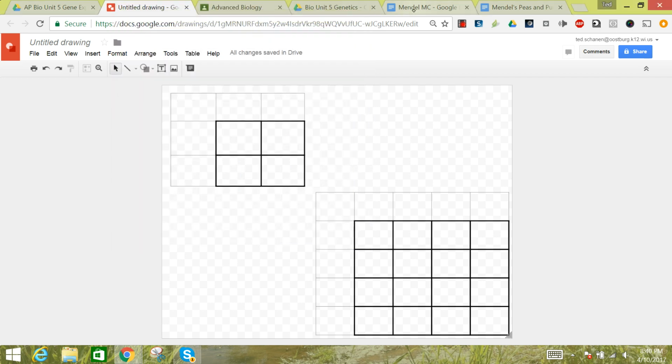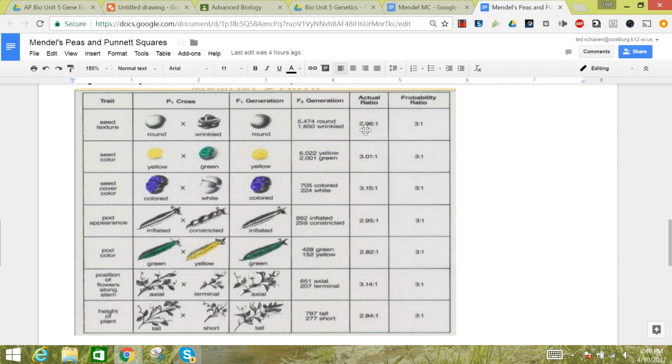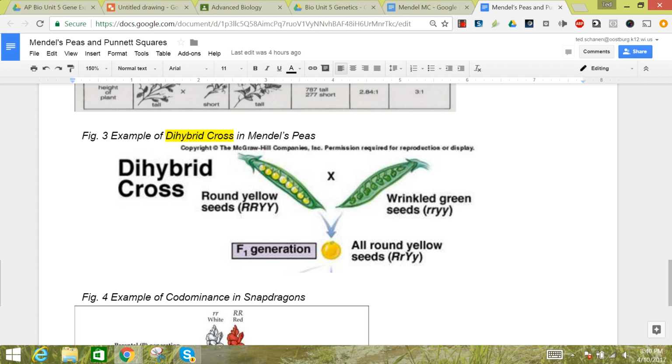So when we come back here, that's what Mendel saw. But then instead of just looking at one trait at a time, monohybrid, he'd start looking at dihybrid crosses. And again, he'd take these pure breeding varieties, and he'd take these round yellow, which we'd represent with this, and wrinkled green.